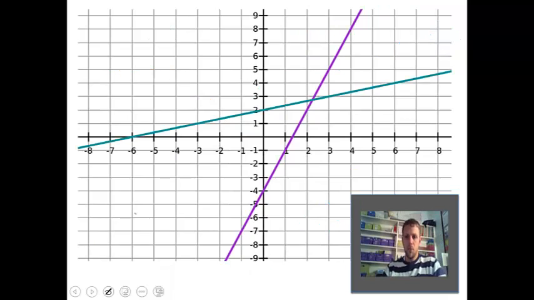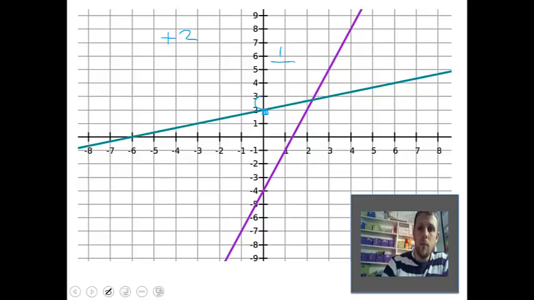Let's look at two more examples. I notice that this one crosses the y-axis at positive 2. It rises by 1, and it runs by 3. So this will be y is equal to 1/3 x plus 2.